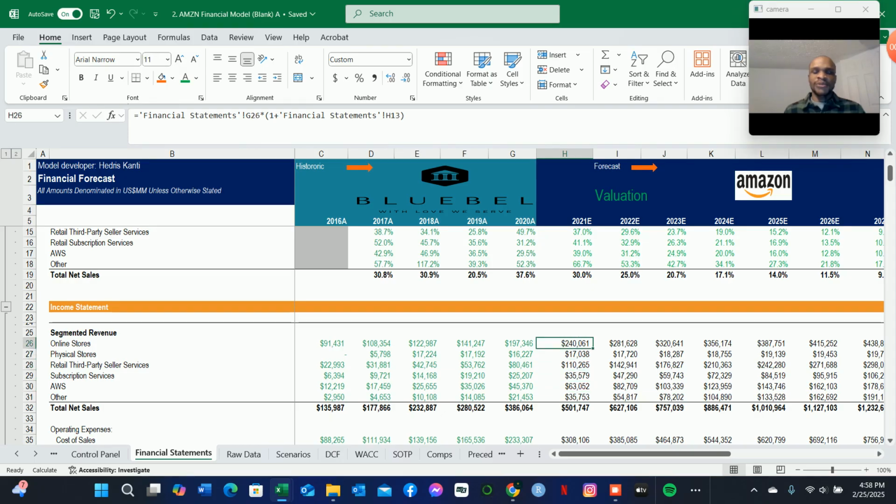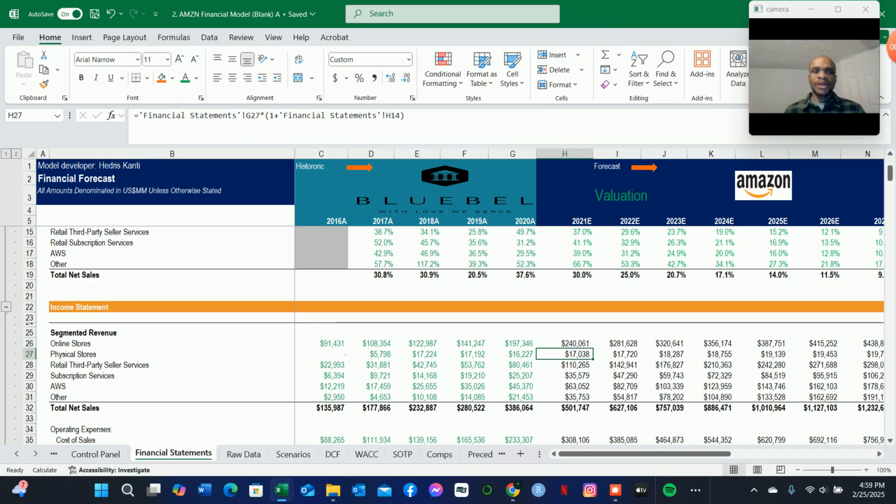So this is the breakdown of revenue. You can see that for the physical stores, we have roughly $17 million of revenue generated in the year 2021 for the focus period. And also for the online stores, we see that it's roughly $2.4 billion of revenue generated.